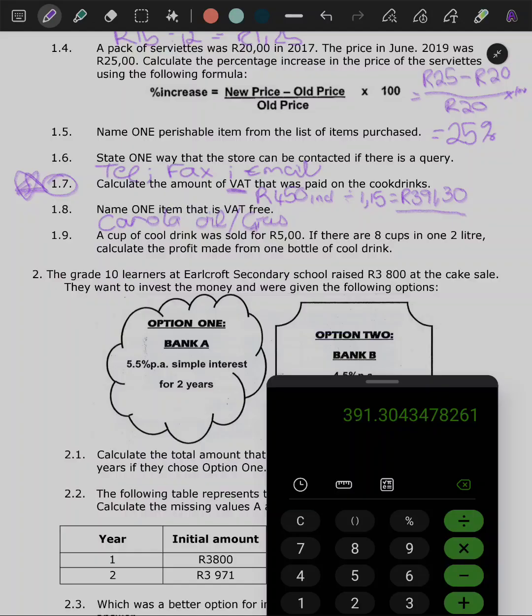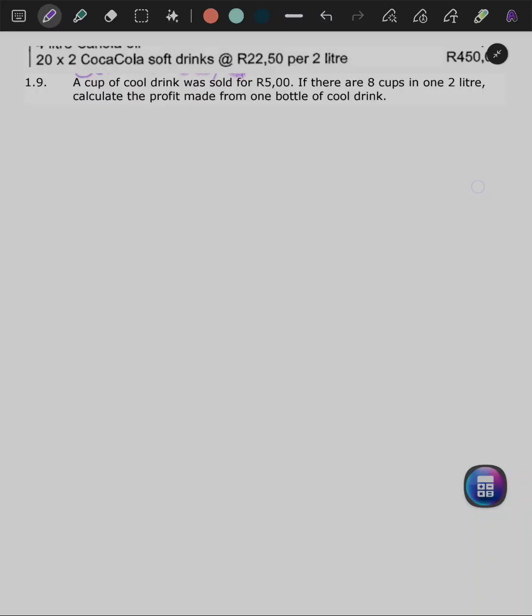Then we've got a cup of cool drink was sold for 5 Rand. There are 8 cups in 1 2-liter. Calculate the profit that was made from 1 bottle of cool drink. Okay, so this one is a bit of a longer question. So let me get this on a new page. Let's look at the question again. We're told that a cup of cool drink is sold for 5 Rand.